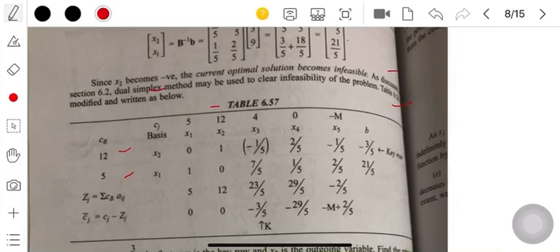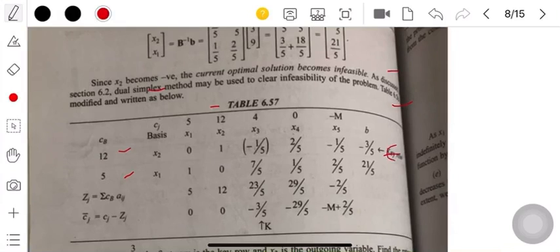And the values have changed to minus 3 by 5 and 21 by 5. So just apply the dual simplex method. This is our outgoing variable. So x2 is the outgoing variable, right?